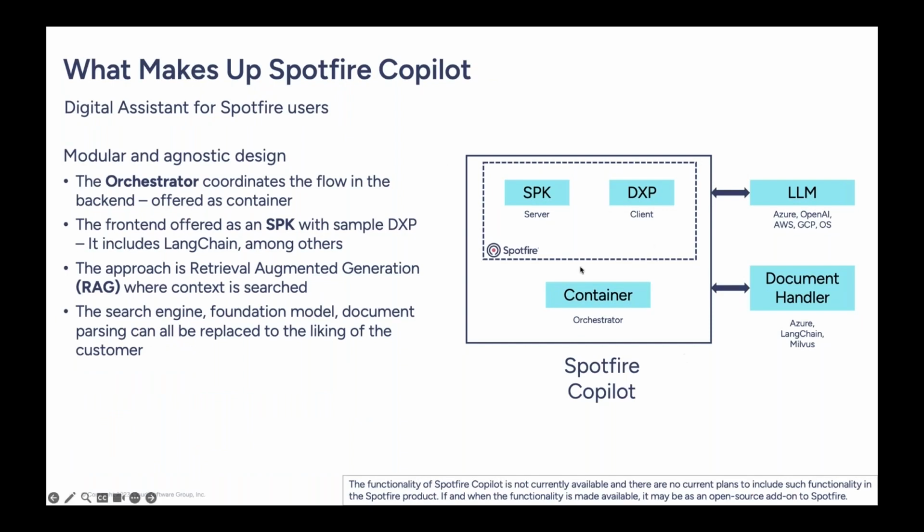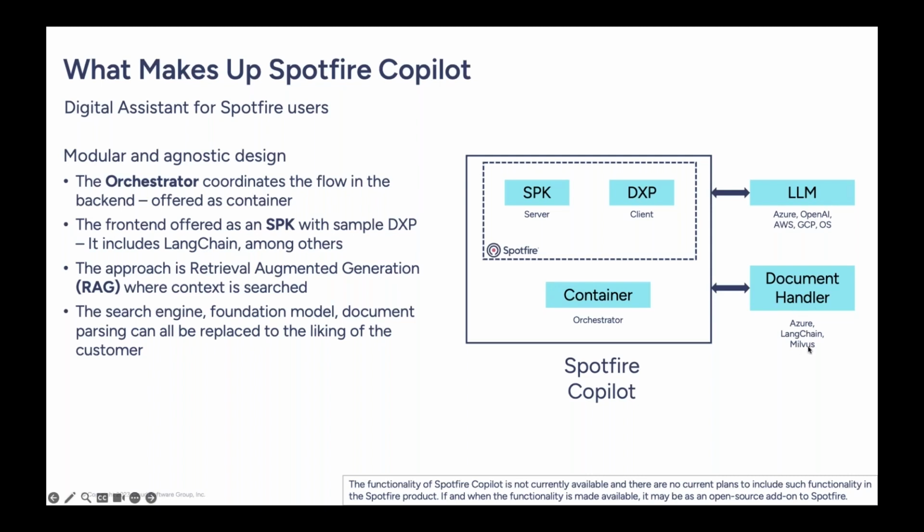So we allow you to set up the Copilot as a set of containers. The recipes and so on are on the community site, and they allow this orchestrator to coordinate the flow. The front end we offer as an SPK with a sample DXP that includes the LangChain and so on. And we use this RAG approach that's become quite popular, which allows you to deploy the orchestrator, set it up in your environment, and use our documents.